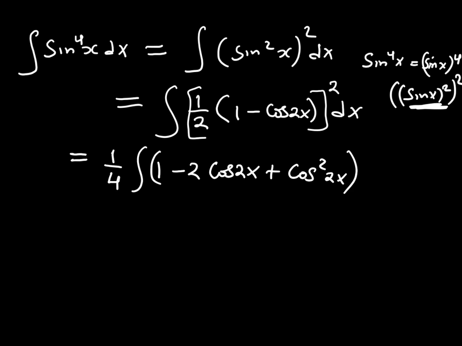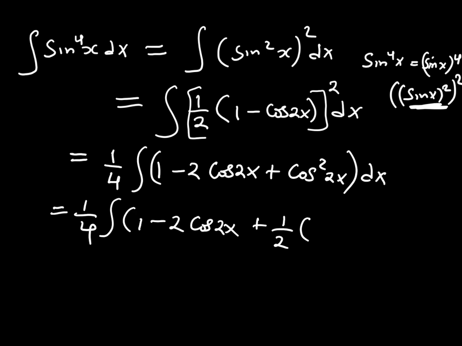Now, another even power, a square of cosine 2x, appears, and we have to express this in terms of double angles and integrate. So this will be a quarter, the integral of 1 minus 2 cos 2x, then plus, cos squared is a half of 1 plus cos 4x, then by dx.